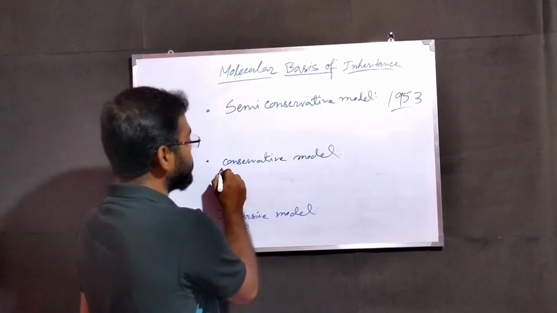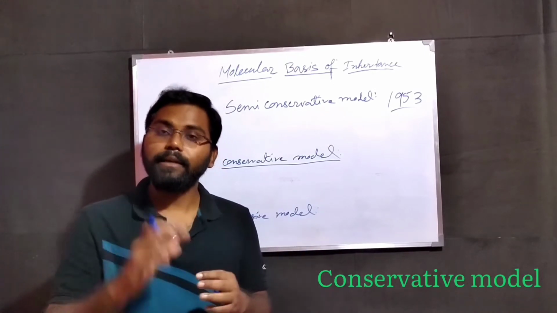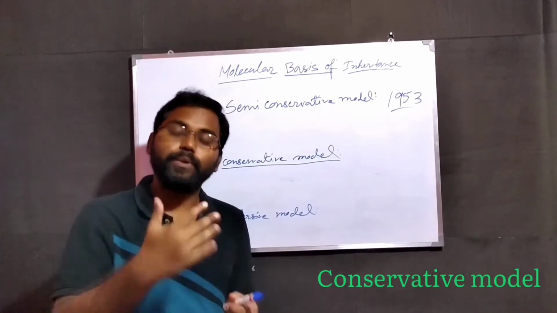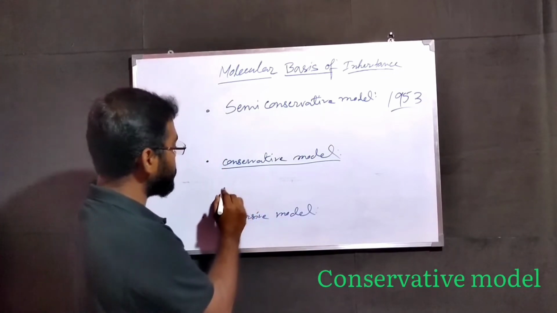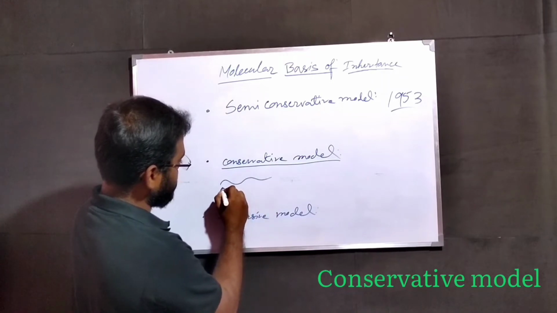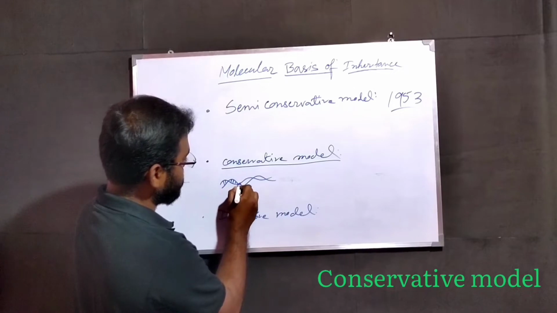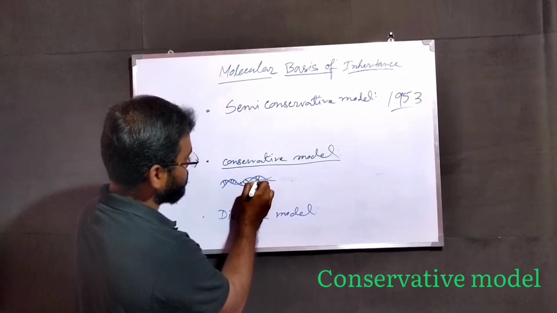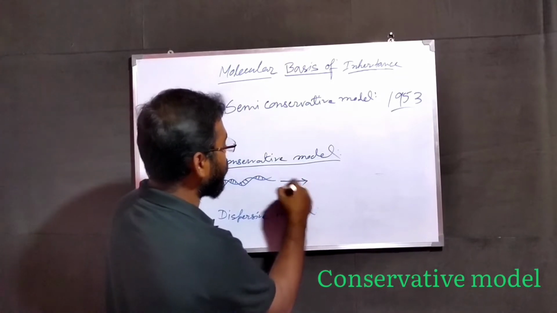According to this conservative model, DNA would get copied and this will make a new DNA. Suppose this is a DNA molecule. It will get copied.